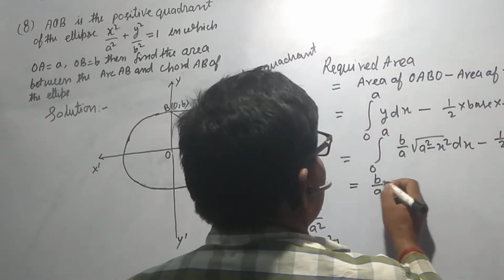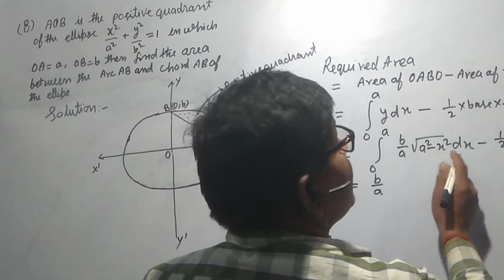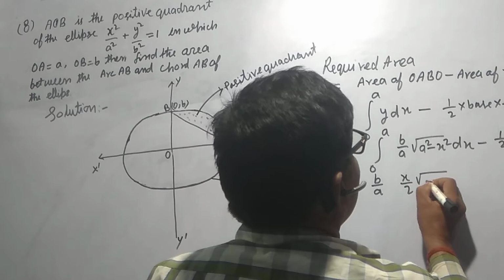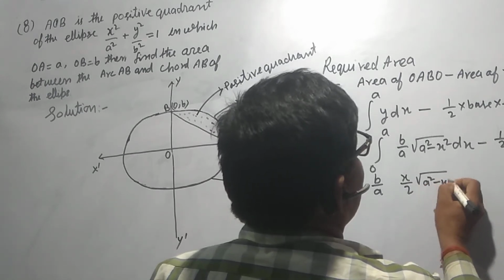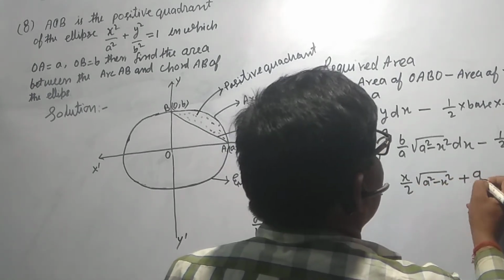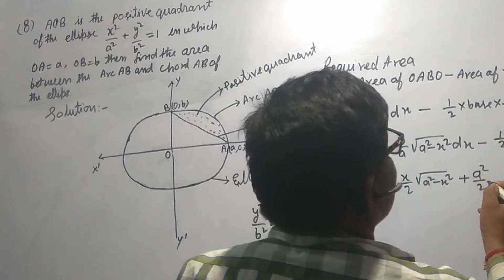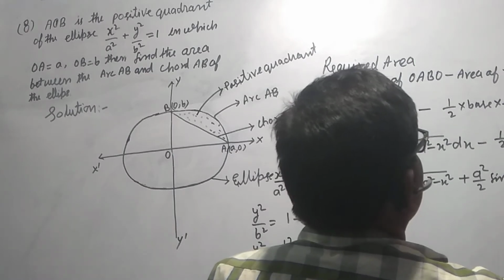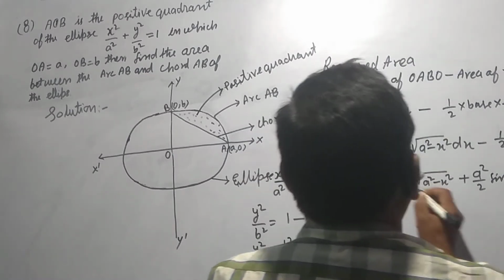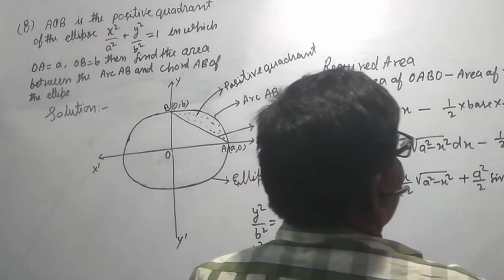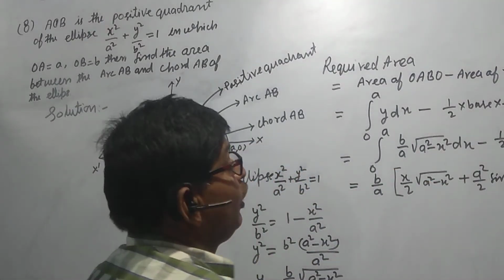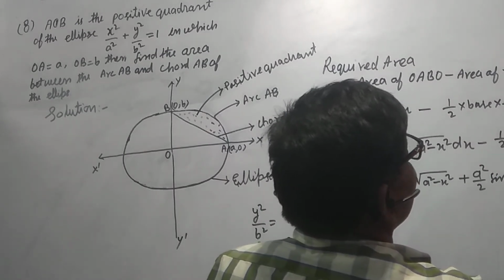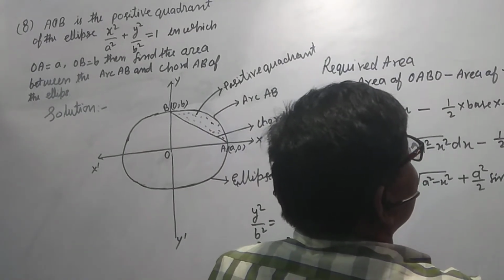Now the integration of this is x by 2 under root a square minus x square plus a square by 2 sin inverse x by a, with lower limit 0 and upper limit a, minus ab by 2.